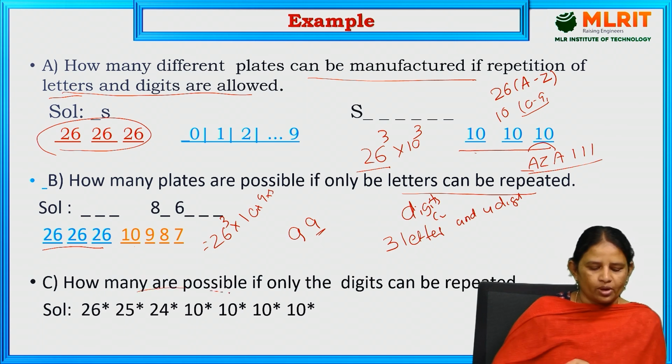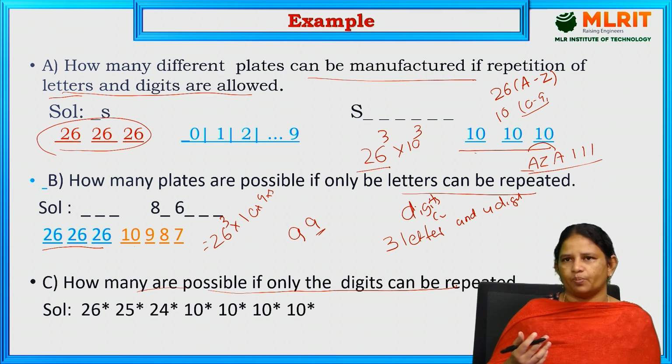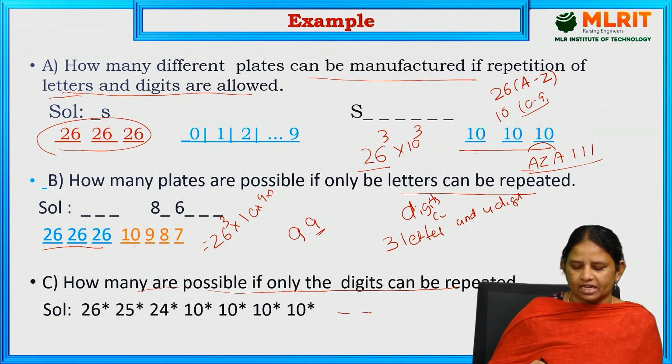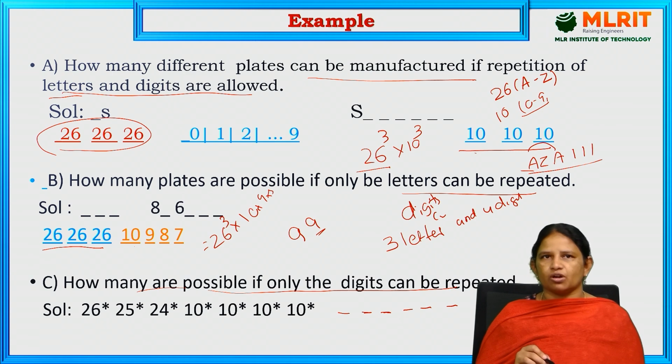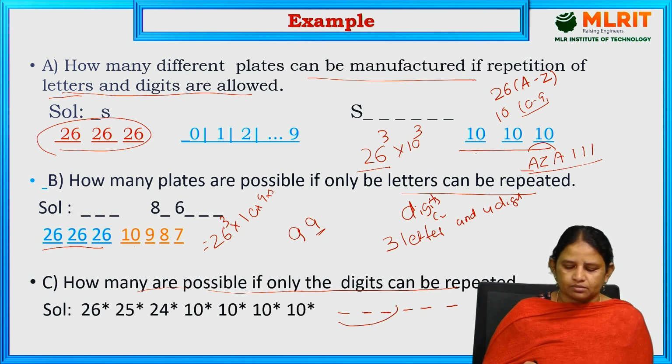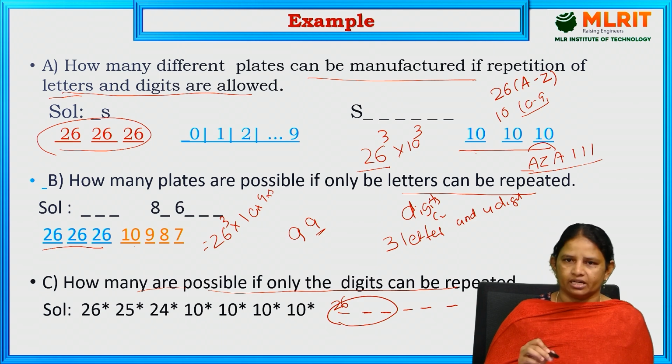Next, how many ways are possible if the digits can be repeated, meaning letters cannot be repeated? Manufacturing a plate consisting of 3 letters and 4 digits. If letters cannot be repeated, the first one uses A, and we don't use A again, so the number of letters decreases to 25.